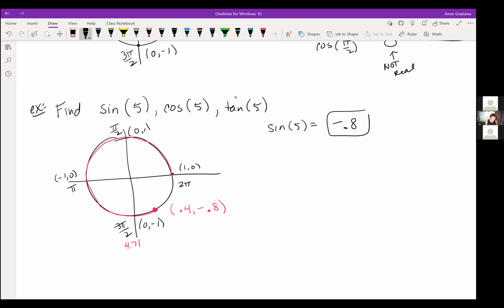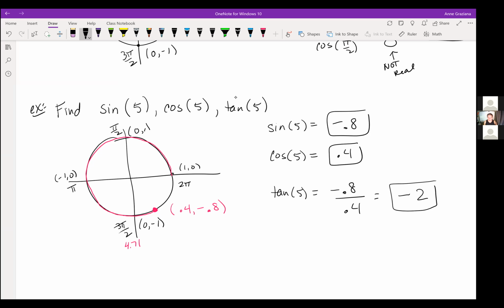It's the y coordinate. Cosine of 5 is 0.4. And then your tangent of 5 is sine over cosine, negative 0.8 over 0.4. This is one that will divide nicely, just based upon my estimations. That's going to be negative 2. If you do 0.8 divided by 0.4, it's 2. Any questions on any of this?